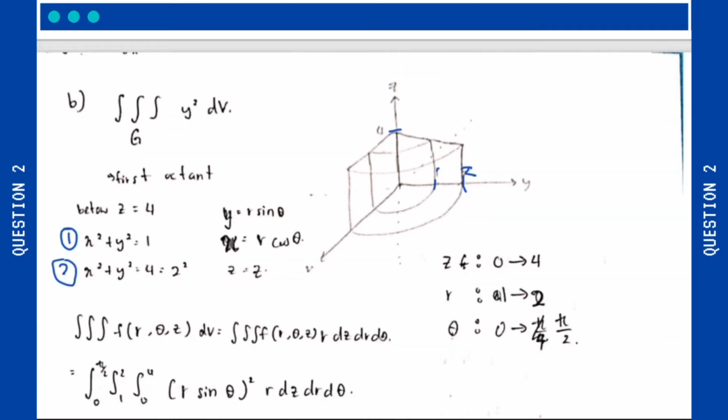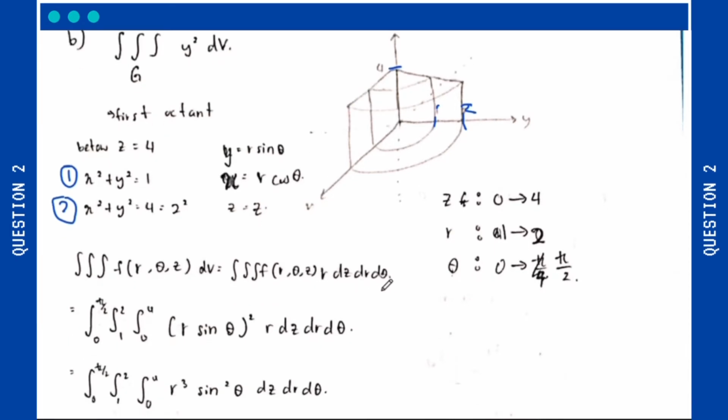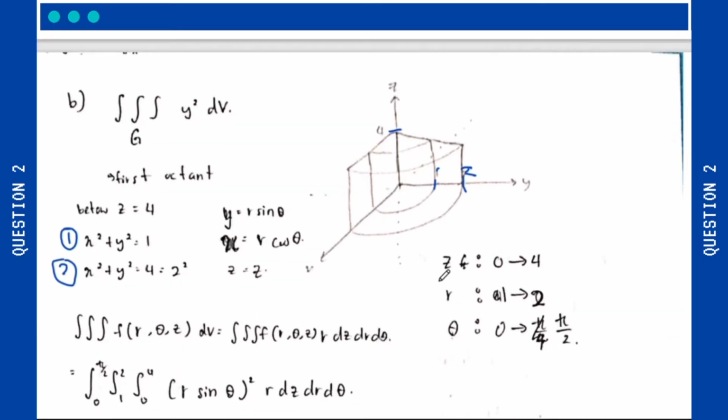In cylindrical coordinates for this one, we get the triple integral of f(r, theta, z) dV, equal to the triple integral of f(r, theta, z) r dr dz d theta. And this one is the limit for z, r, and theta.